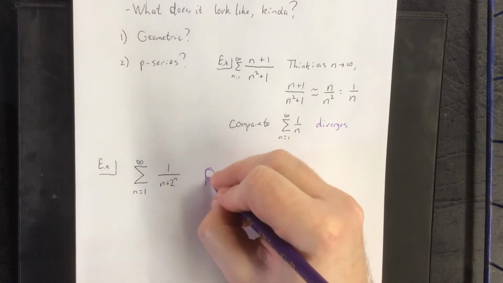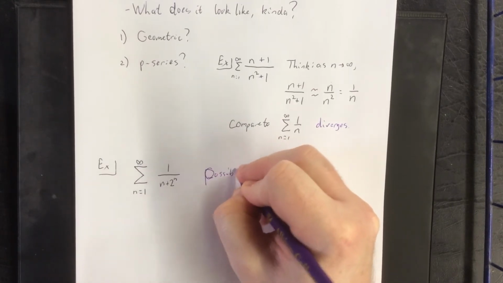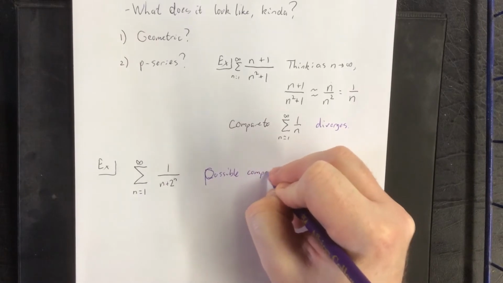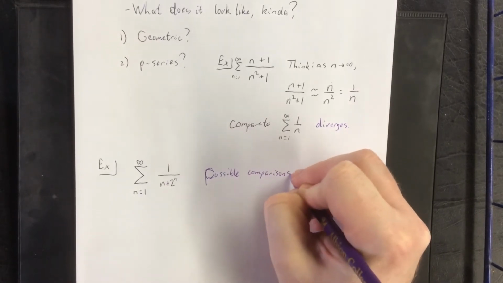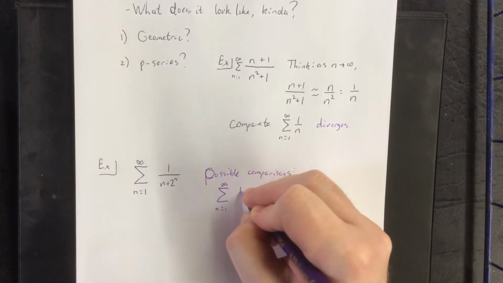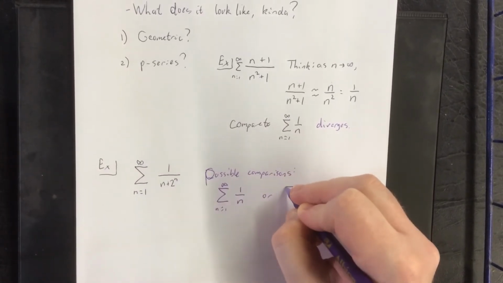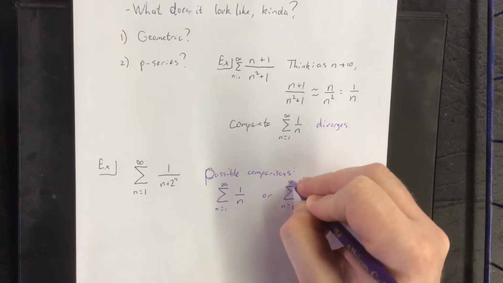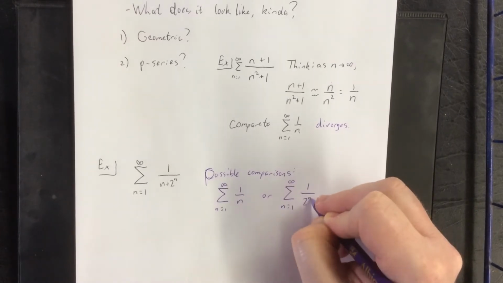So let's call this possible comparisons. We could try comparing this to the harmonic series, or we could try comparing it to the geometric series 1 over 2 to the n.